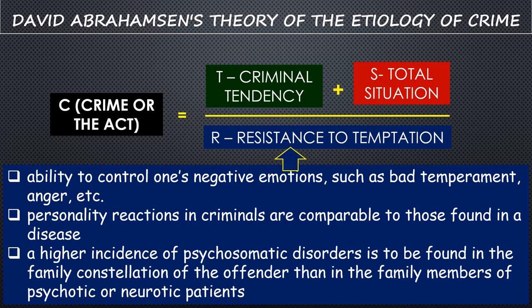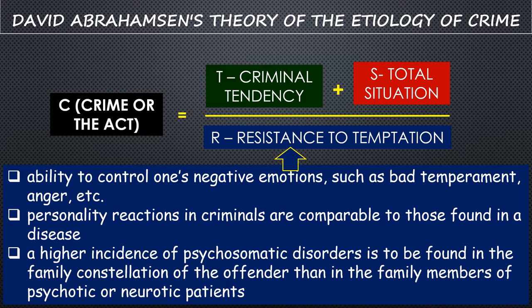Personality reactions in criminals are comparable to those found in a disease, meaning our psychological reactions are just like a disease according to Abrahamsen. A disease has symptoms. These are the manifestations. Just like if you are infected with COVID-19, what are the symptoms of that disease?